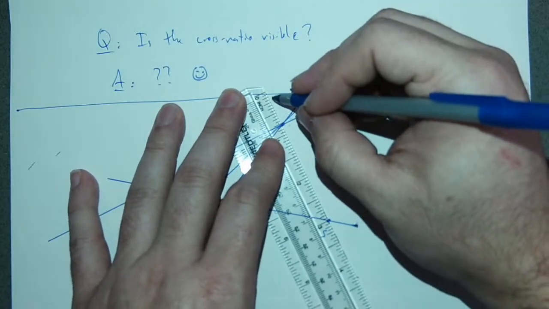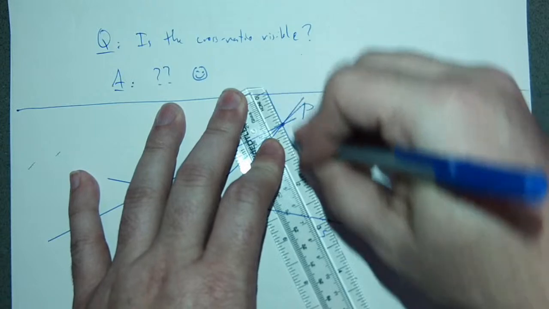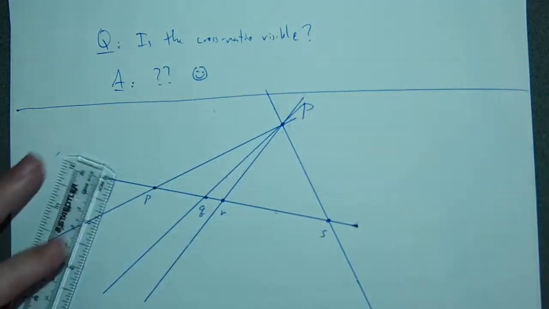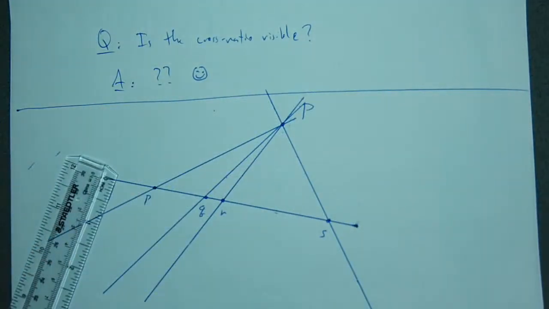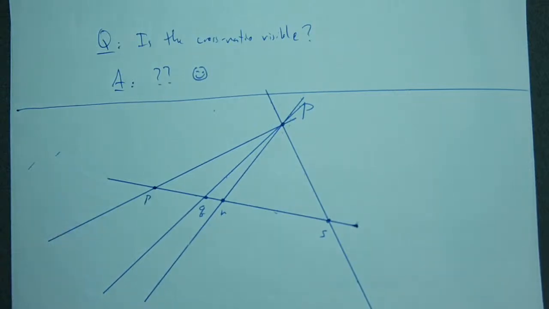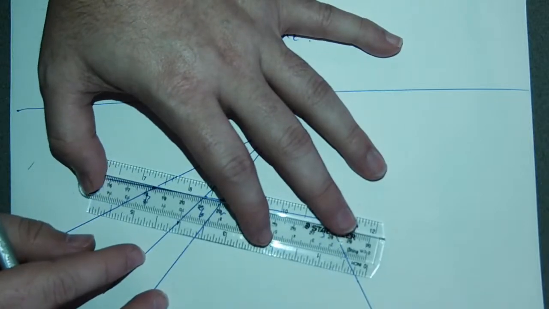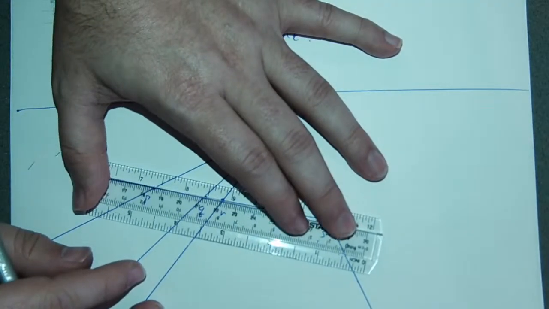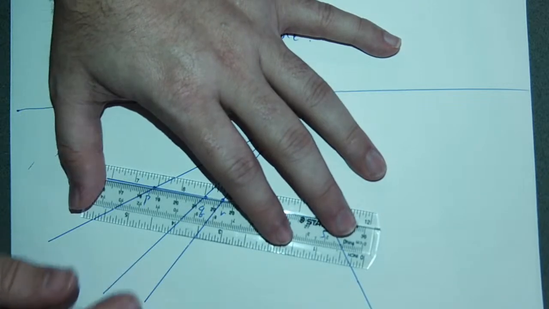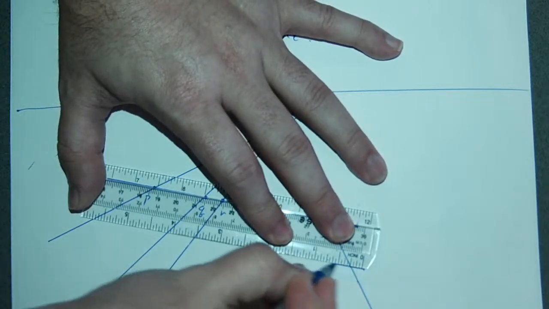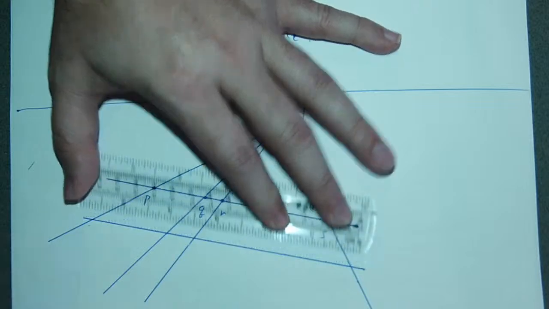We might have to move it for our purposes. So here are my 4 points on a line. Let's take a line that crosses these 4 projection lines like this.